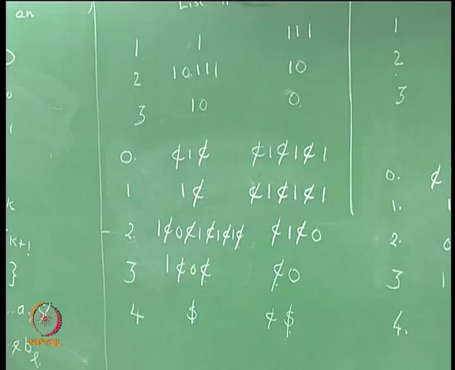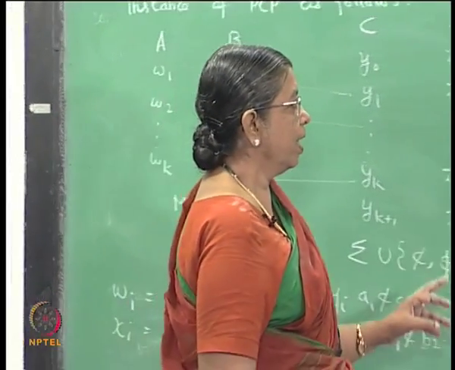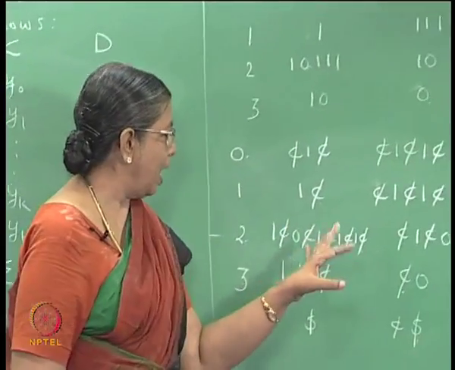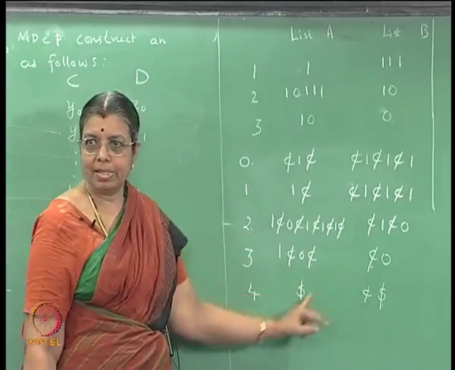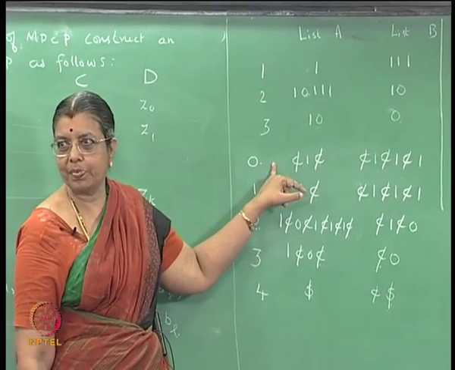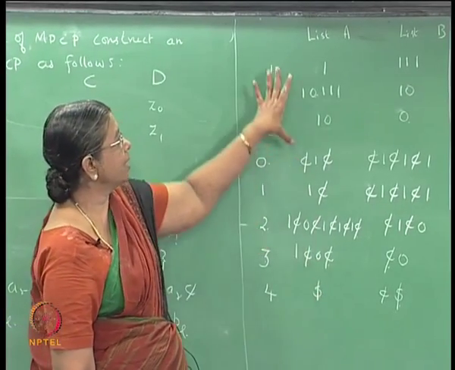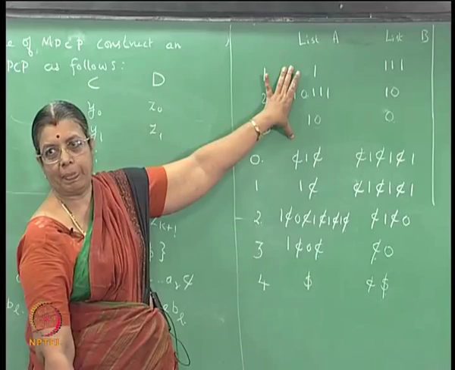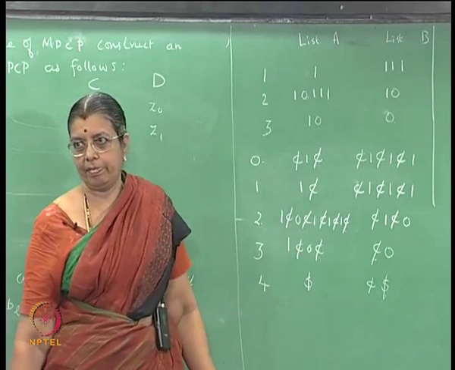Now you see that if the solution has to start, the first symbols are all different here. If the solution has to start, it has to start with 0. Look at it as a PCP. This is an instance of MPCP. So, if at all a solution is there, it has to start with 1.